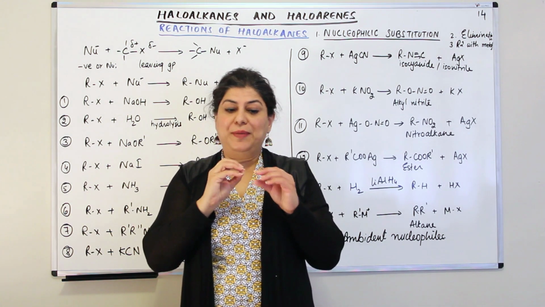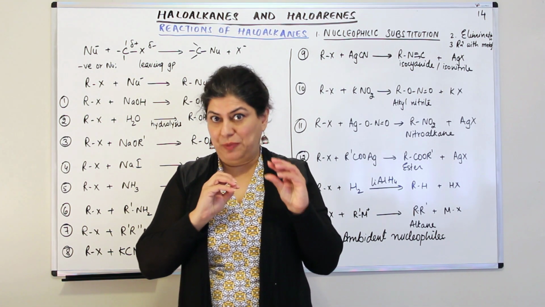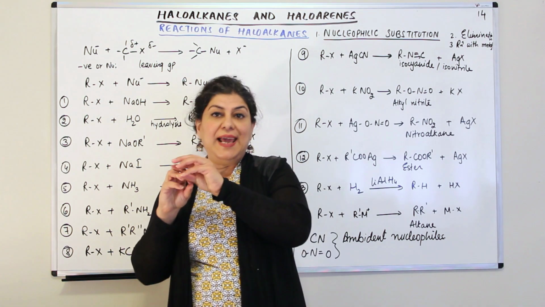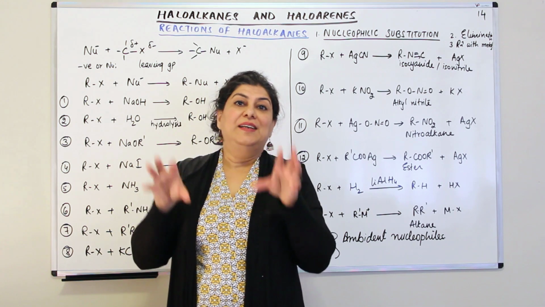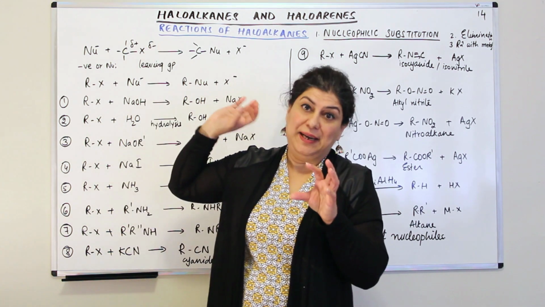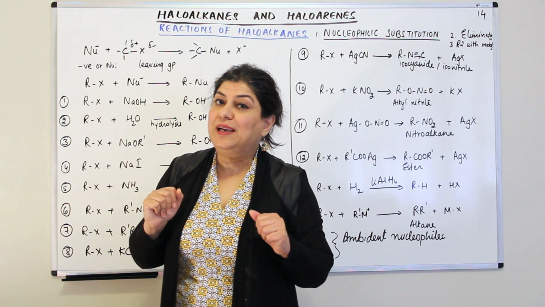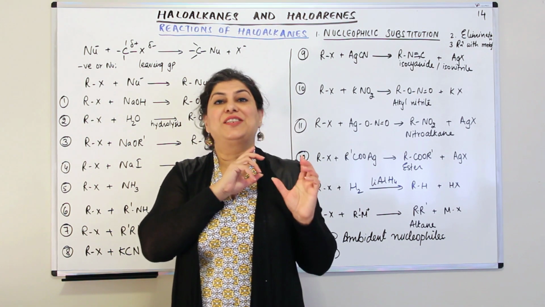Nucleophilic means it would be a negatively charged species which would replace the negative part in the haloalkane. What is the negative part in the haloalkane? The halogen atom is the negative part.